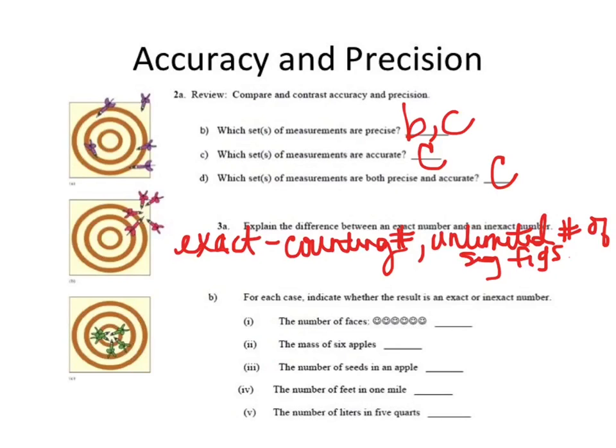Digits. Yes, limited number of digits, yes. And what about an inexact? Somebody tell me another name for an inexact number. Something that is rounded, or so that could be called a measurement.